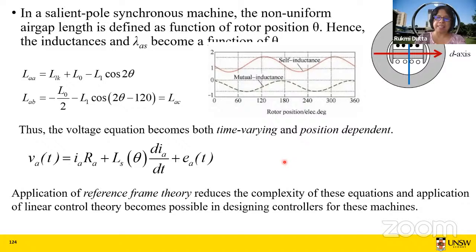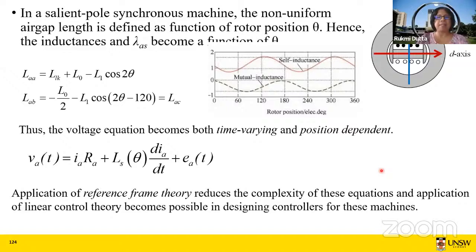That brings us to the concept of reference frame theory. When we apply reference frame theory to an equation like this, you will soon see that it mathematically becomes a DC quantity equation, and then the controllers become very simple, like designing control of a DC motor with DC quantities.